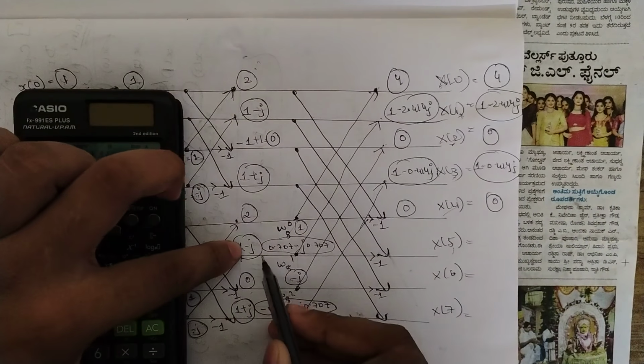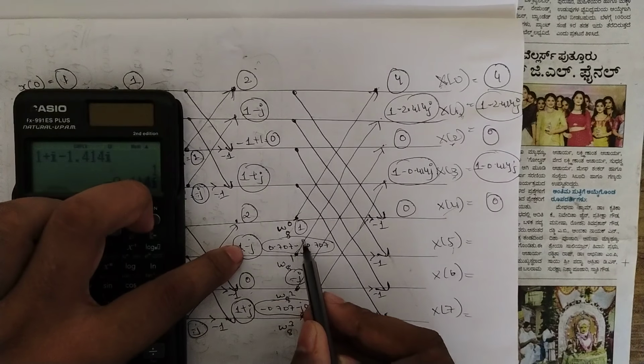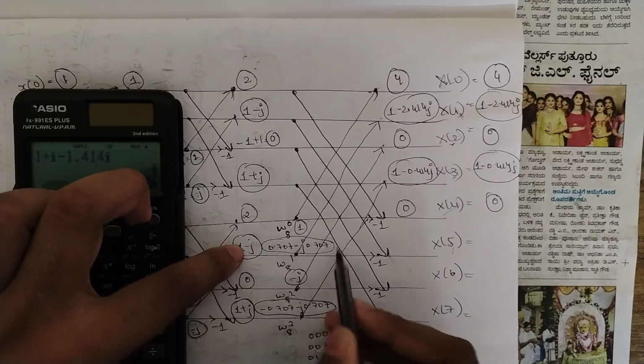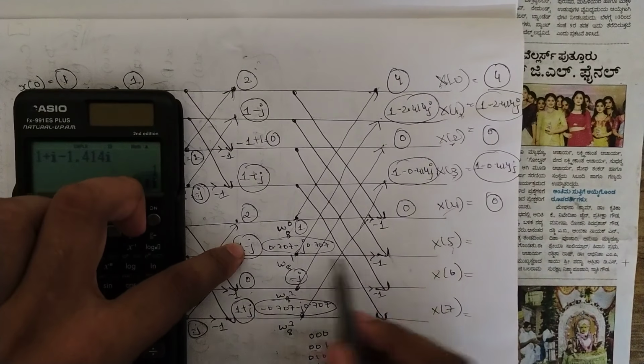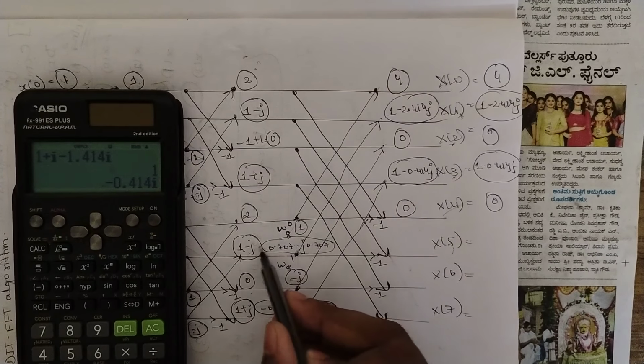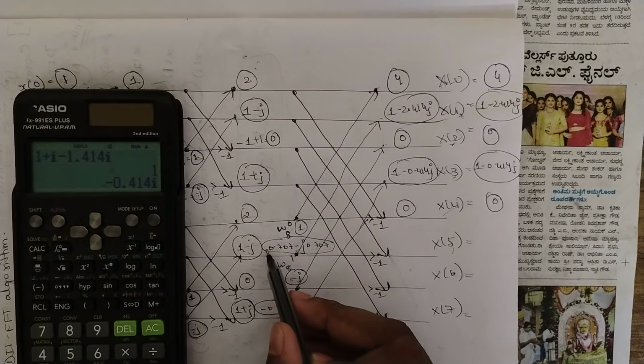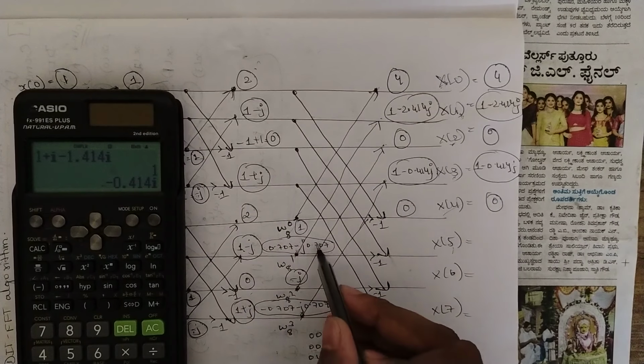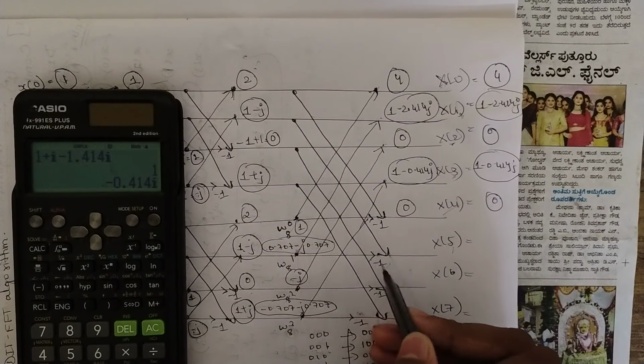Next value is 1 minus j into this term into minus 1. These three are in the same line, so these three also would be getting multiplied, and this term into minus 1 is, these two signs would be changed here. This is minus 0.707 plus j 0.707 because we are multiplying it with minus 1, right?